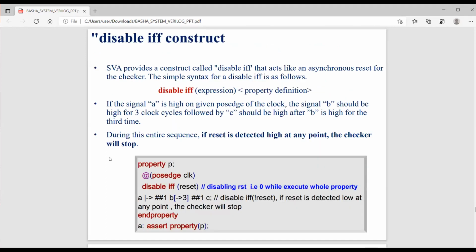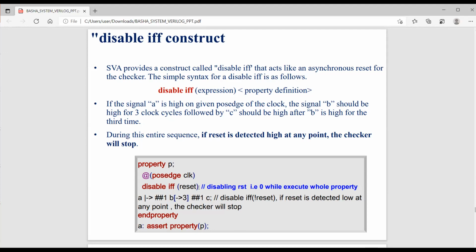And we have a disable iff construct. This is a keyword. Here you are disabling if reset, your reset signal, and that too only when reset equals 1. So you are disabling if reset is 1, but you are not disabling when reset is 0.